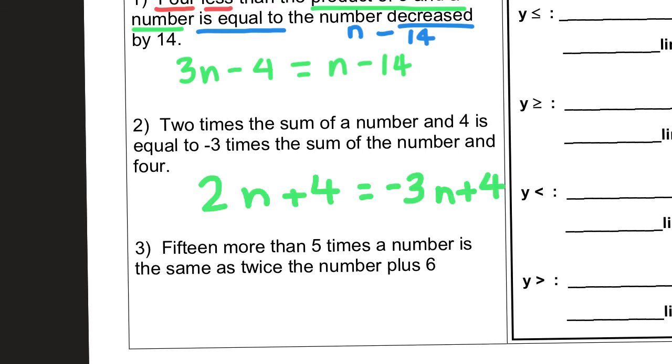So let's reread this. 2 times the sum of a number and 4 is equal to negative 3 times the sum of the number and 4. So in this equation that I've written, I'm missing something huge. Since we have the word sum, and it's the sum of a number and 4, we have to add those before we can multiply by 2, but they're not like terms.